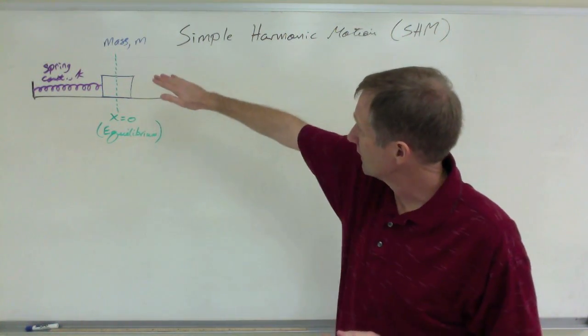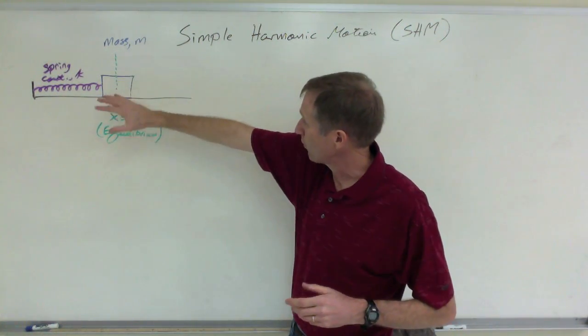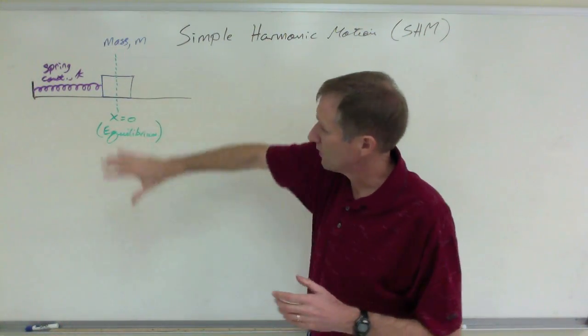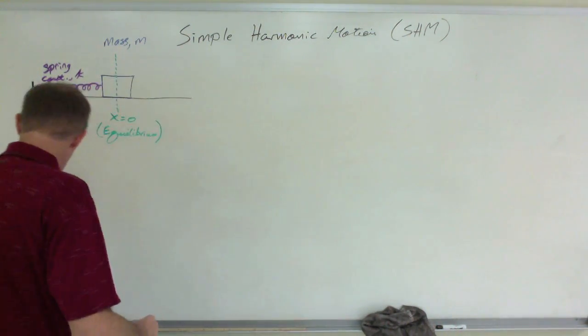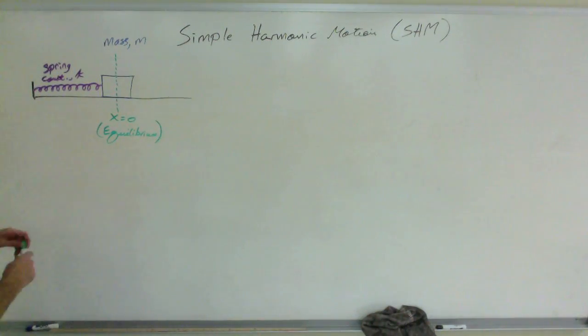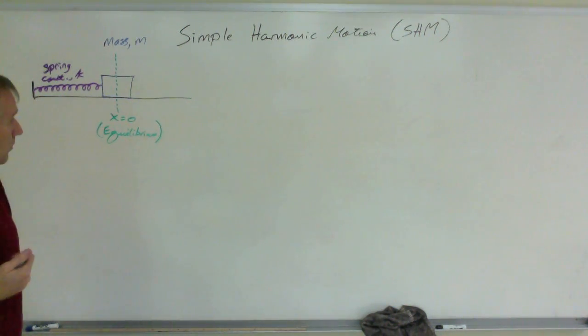For starters, let's look at mass on a spring and how this qualifies for simple harmonic motion status. So here's the mass M, attached to this spring with a spring constant K. And this point right here is equilibrium.